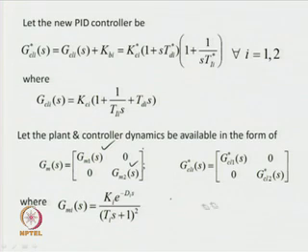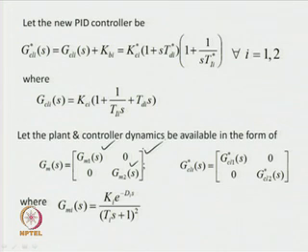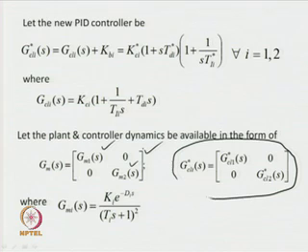Now, after assuming that the dynamics of the TITO process is available in this diagonal matrix form, one also needs to define the dynamics of the new controllers available in the diagonal transfer matrix form.